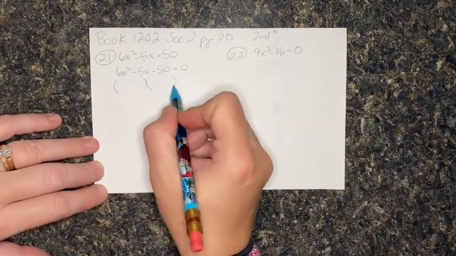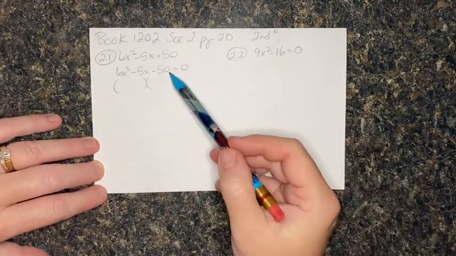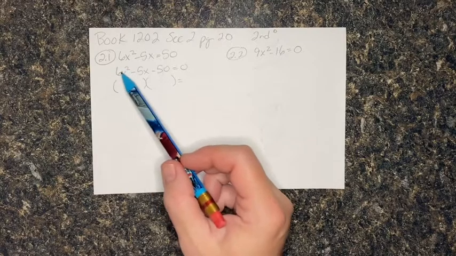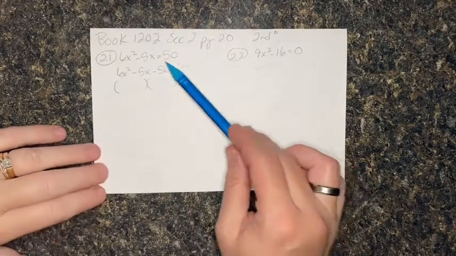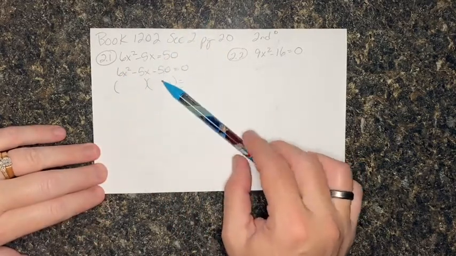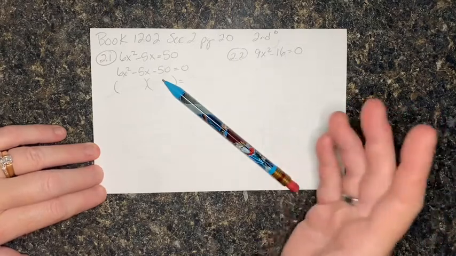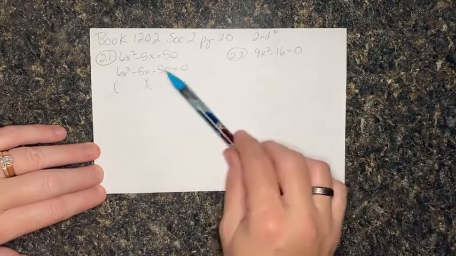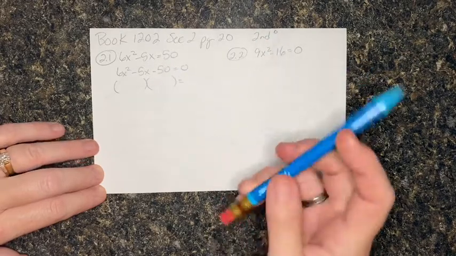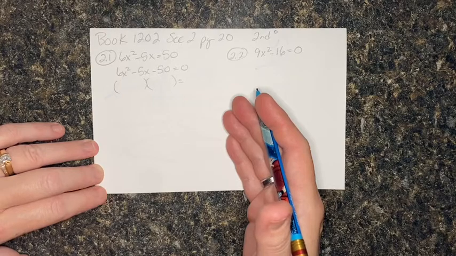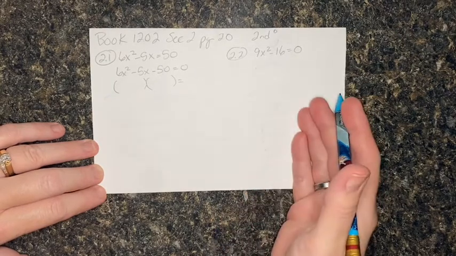So let's take a look at what we've got here. I usually like to start with the constant, and then I do the second degree term. So my constant here is 50. So what are the factors of 50 that we can use? Okay, well, there's 1 and 50, right? 2 and 25, 5 and 10.